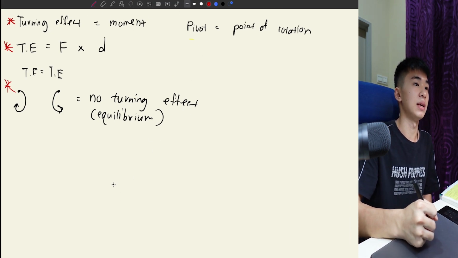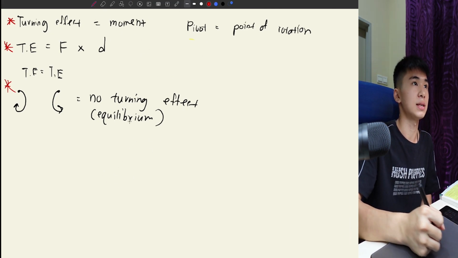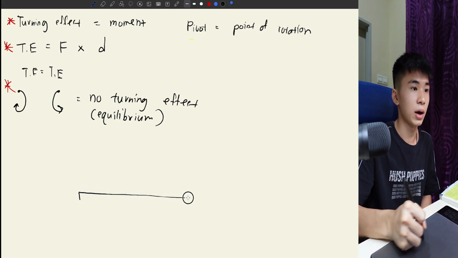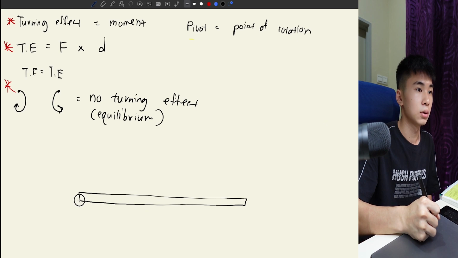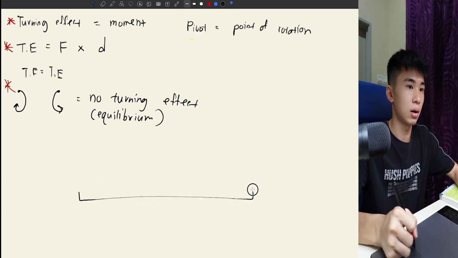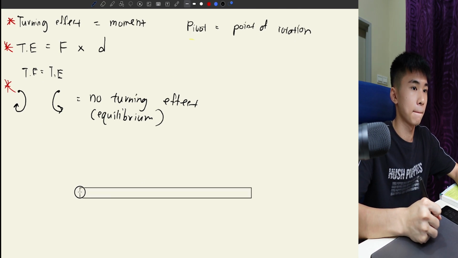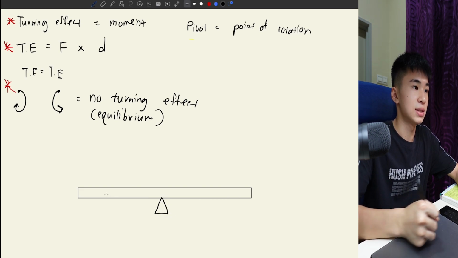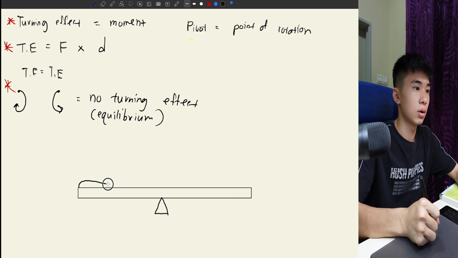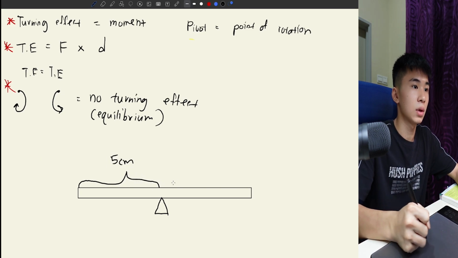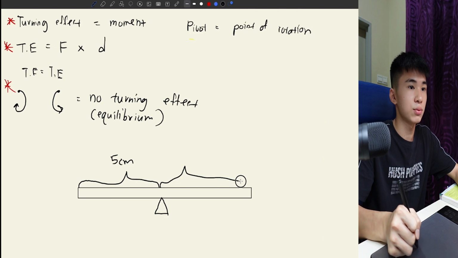So what do I mean is, let's use the black pen, and again a metal bar. The pivot here is in the center, so I will put 5 cm here and 5 cm here as well.